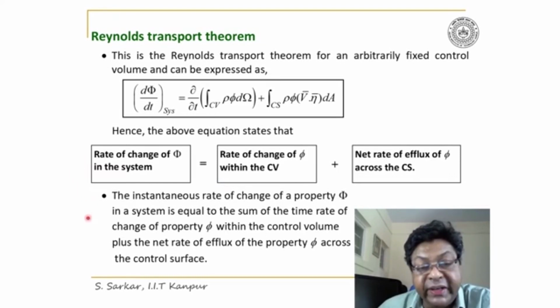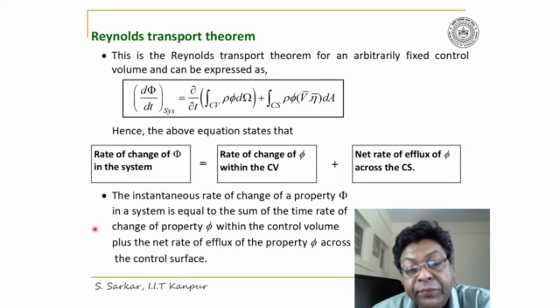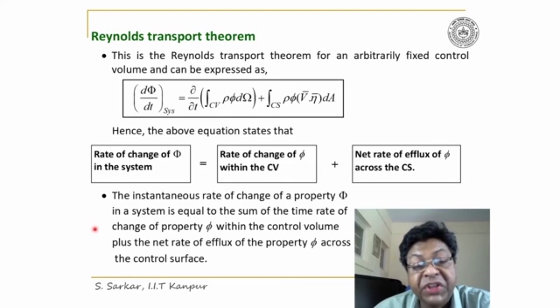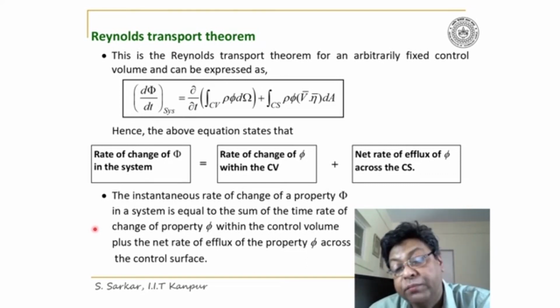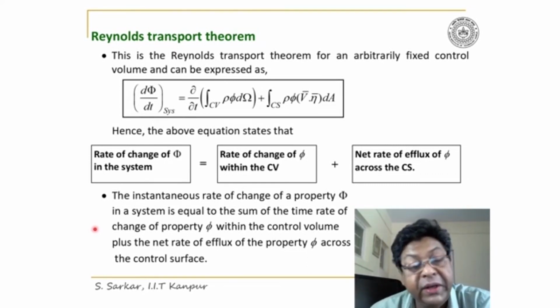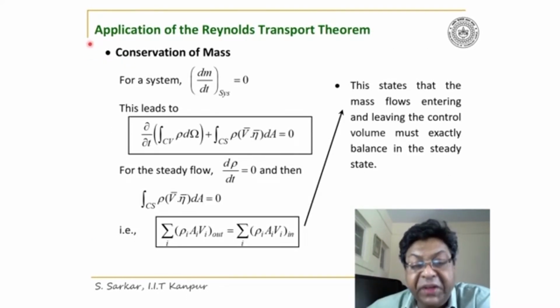I have stated this as the instantaneous rate of change of phi in the system is equal to the sum of the time rate of change of property within the control volume plus net rate of efflux of property small phi across the control surface. I have discussed here the application of Reynolds transport theorem.